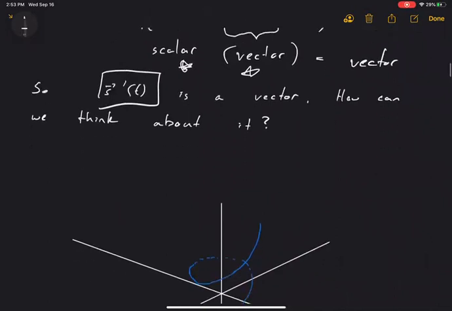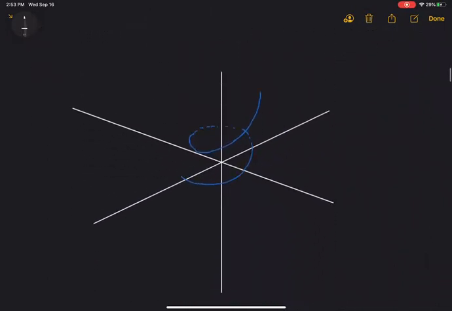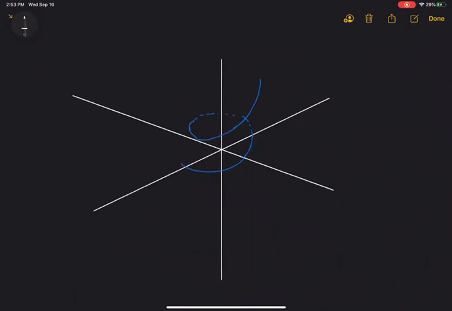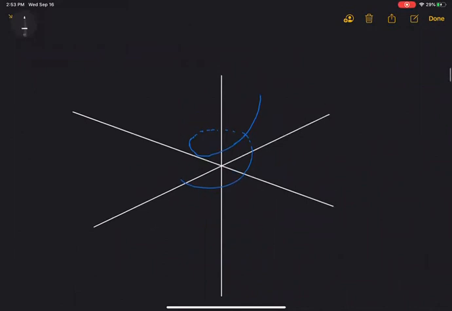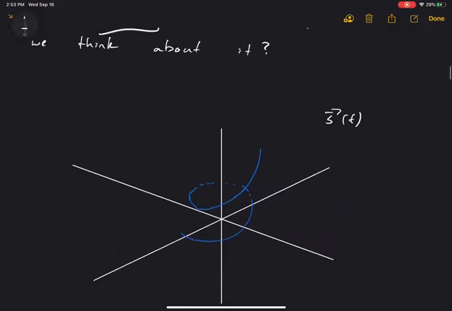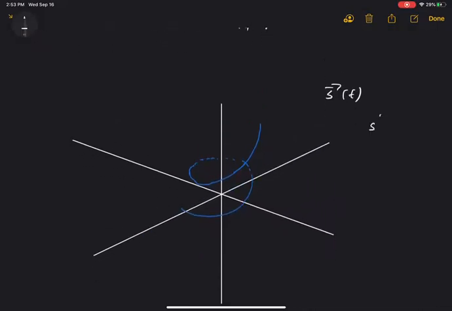So how can we think about that? Let's say this is some curve. Let's say this is the graph of my vector valued function, the graph of s of t. What is s prime of t?